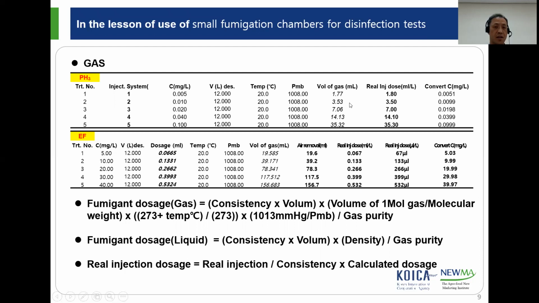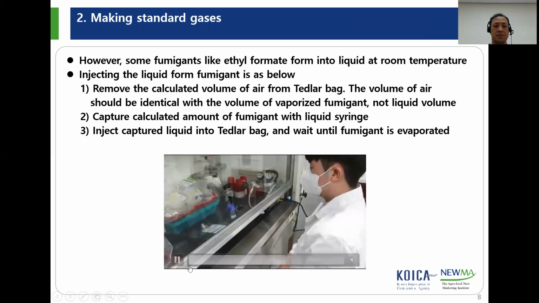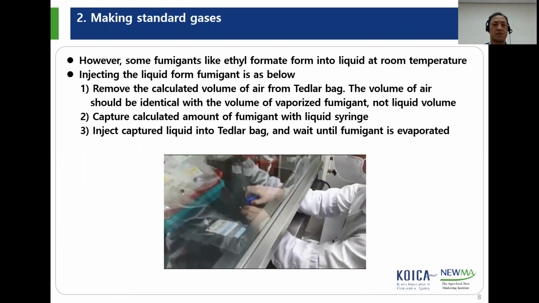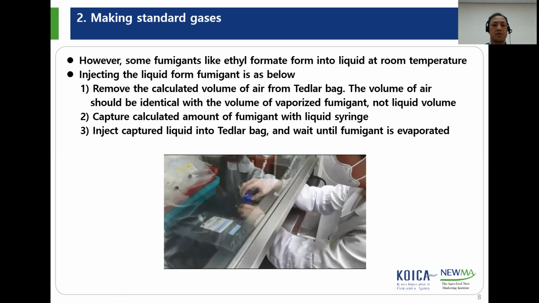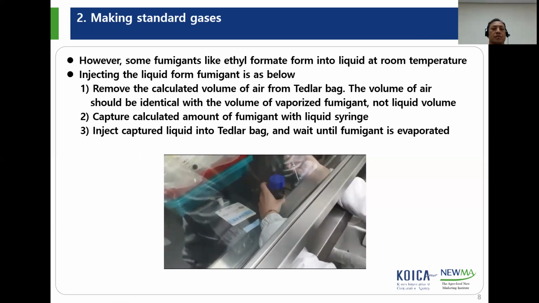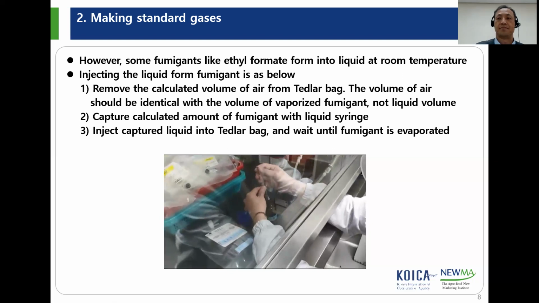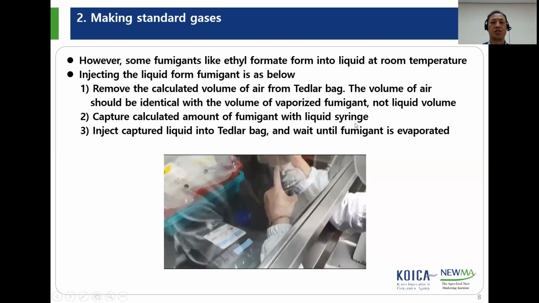You can see the details in that lesson. Calculate the amount of fumigants with the liquid syringe.